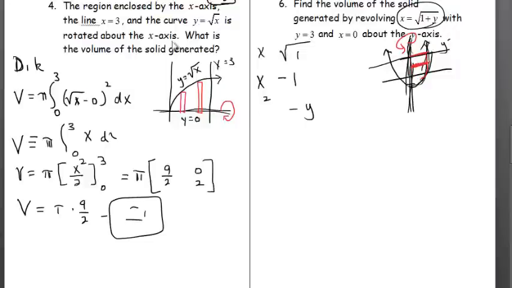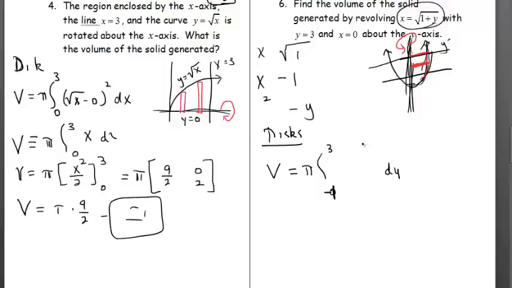Integration with respect to y, and it's discs. Okay, with respect to y. So my y limits go from -1 up to y equals 3.